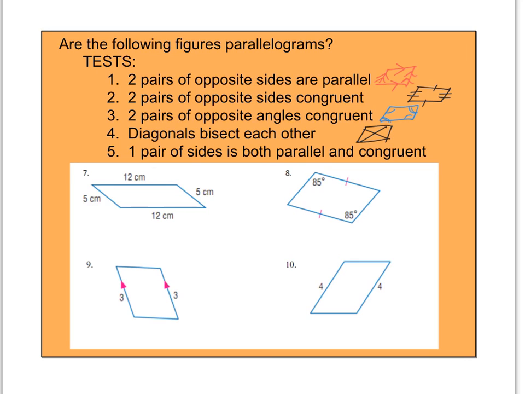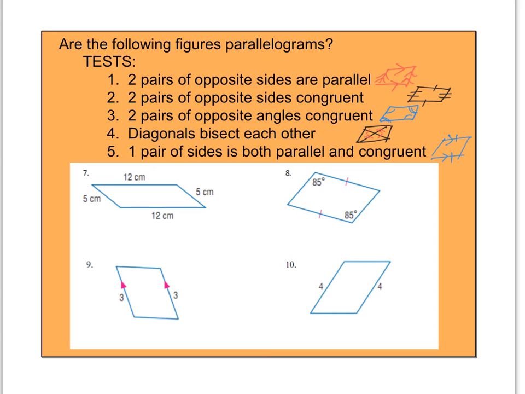So if this side is congruent to that side and this side is congruent to that side, then that is enough to know it is a parallelogram. And then the last one, which we just talked about, if you have one pair of sides that is parallel and congruent on the same set of sides, then that's enough to know you have a parallelogram.